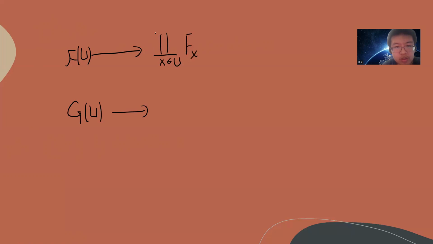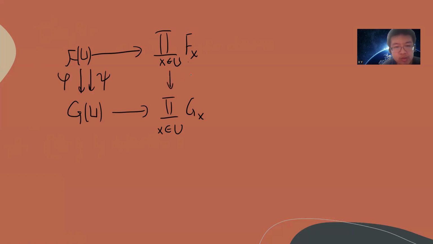We take F and G, and we just proved that there's a map, which is, for U, from F(U) to the product over x in U of F_x, and the product over x in U of G_x. There are two maps, phi and psi.